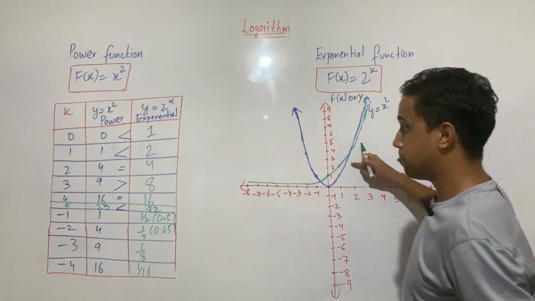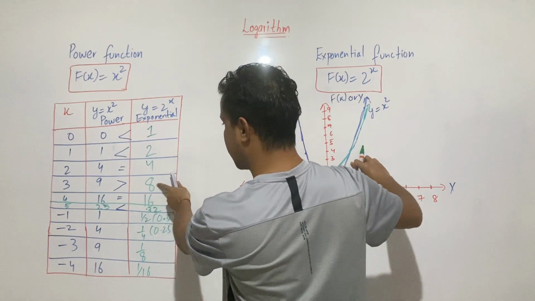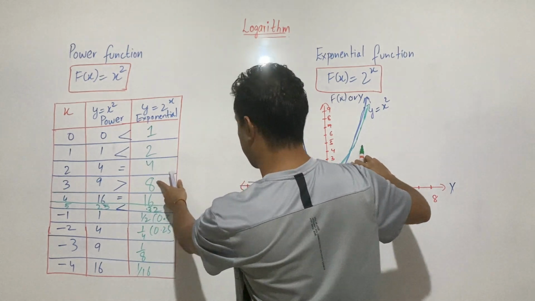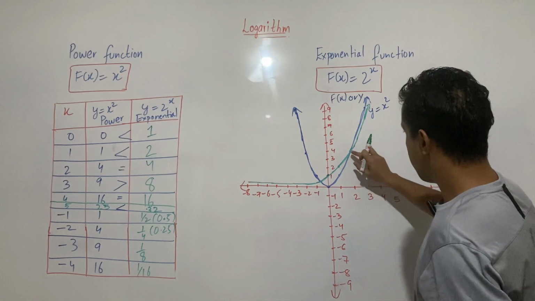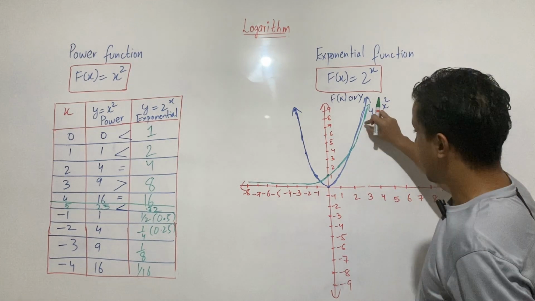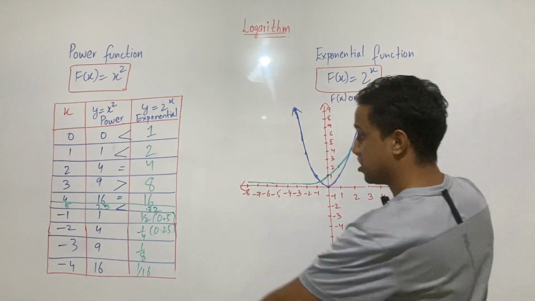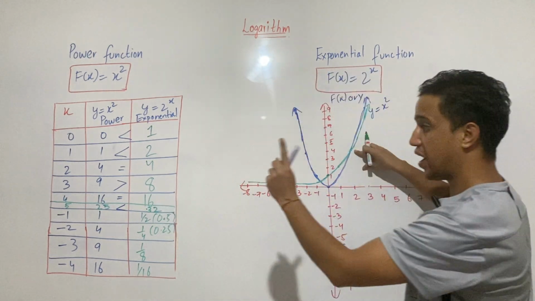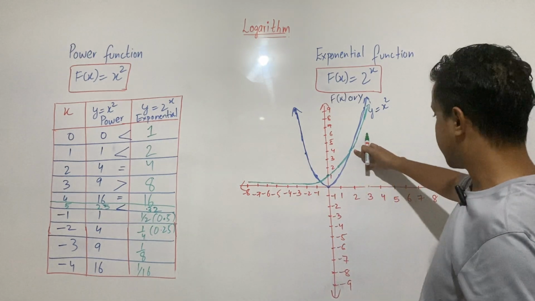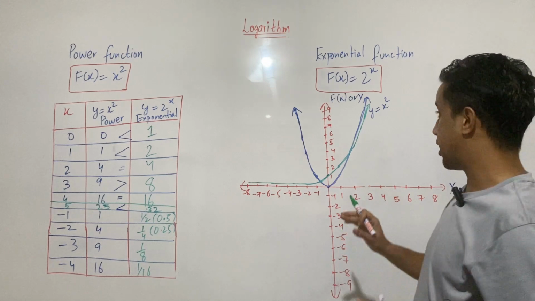And then for the next point, x equals 3, the value of this exponential function stays below. And then here you get the point x equals 4, where again the value is the same.